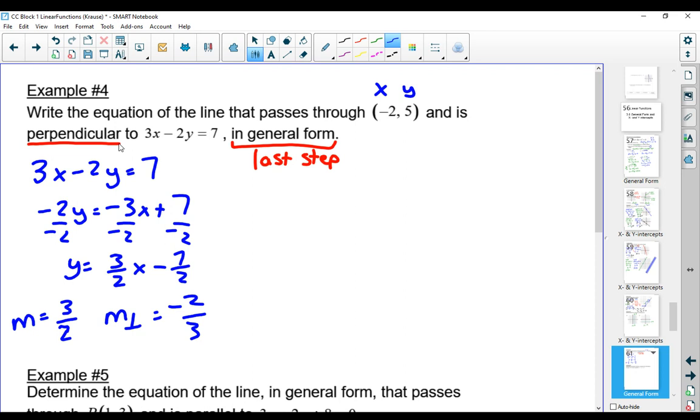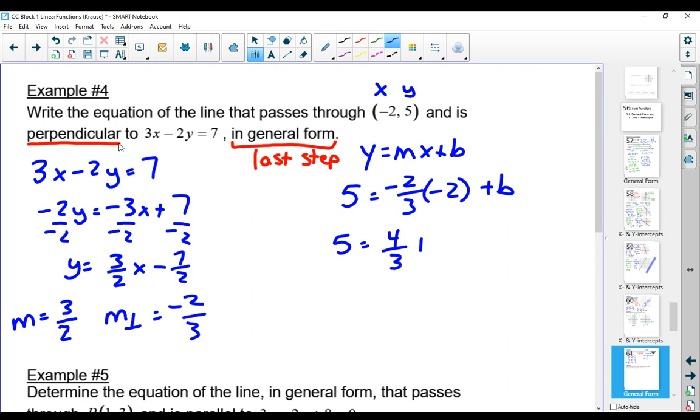For this one, I'm going to use y equals mx plus b. y is 5, m is -2/3, and x is -2, and I'm solving for b. So 5 equals -2/3 times -2, which is positive 4/3. Again, you can use your calculator to help if you're struggling with that. I want to get b by itself, so I'm going to subtract 4/3 from both sides.